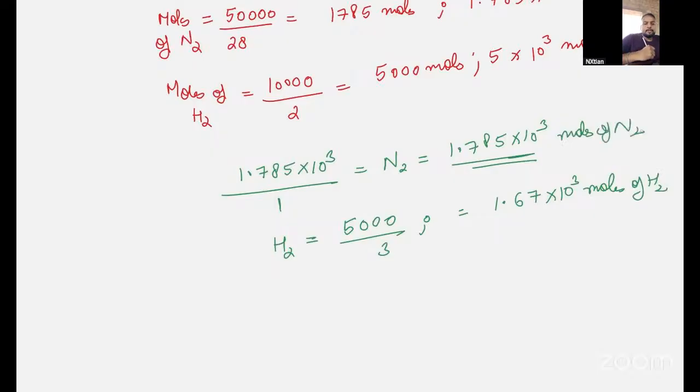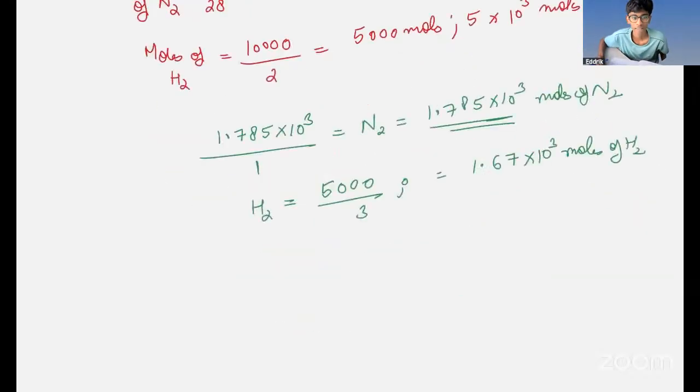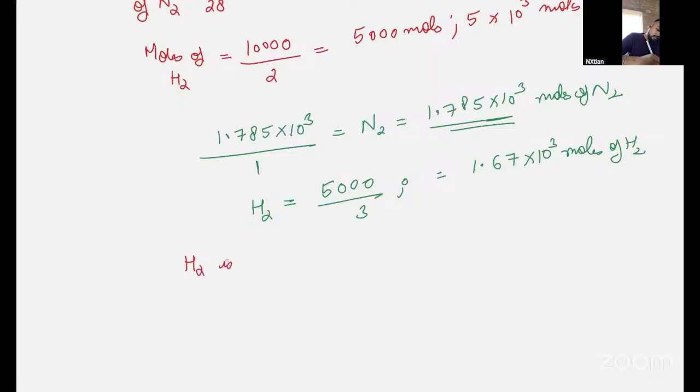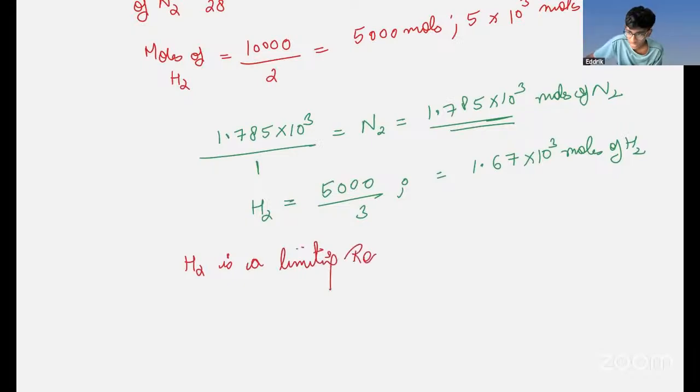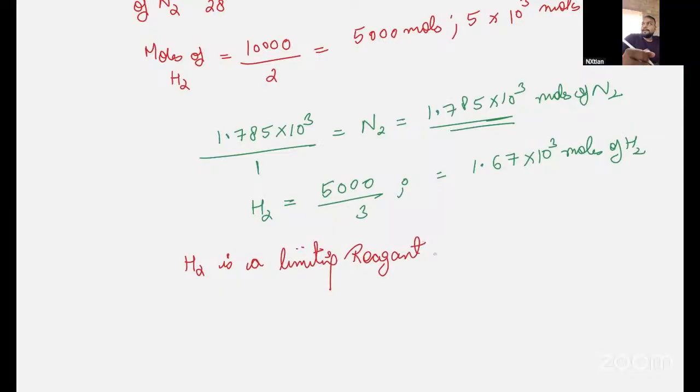So obviously, who is the limiting reagent? H2. So we got the answer that H2 is the limiting reagent. Why is it the limiting reagent? Because fewer moles are formed from it in the reaction, and it will be consumed first.